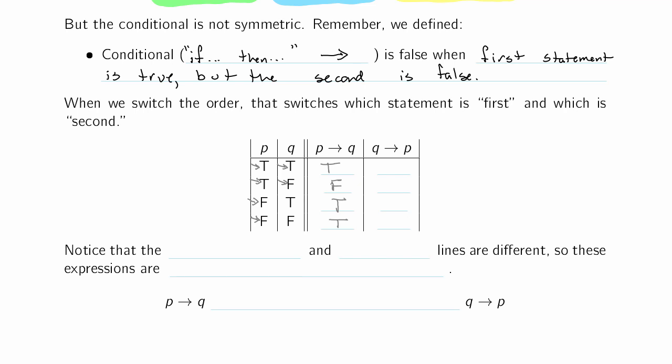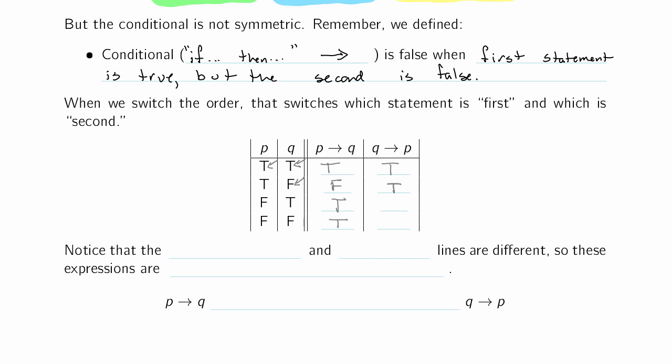What about the other way around? If Q then P is going to be false when Q is true, but P is false. So in the first row, Q is true, P is also true, so that's fine. In the second row, Q is false. Whenever the first part is false, we don't even have to look at the second.